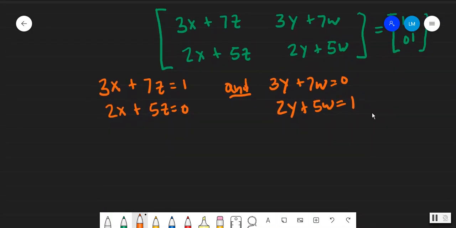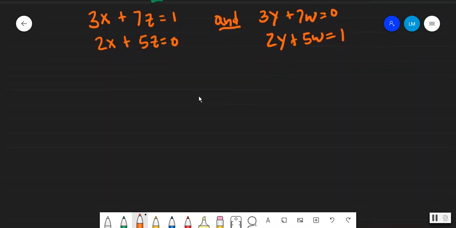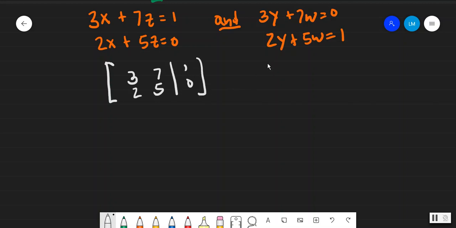Really, all that means is that you would have to solve these augmented matrices. You would have 3, 7, 2, 5 with 1, 0, and then 3, 7, 2, 5 with 0, 1.